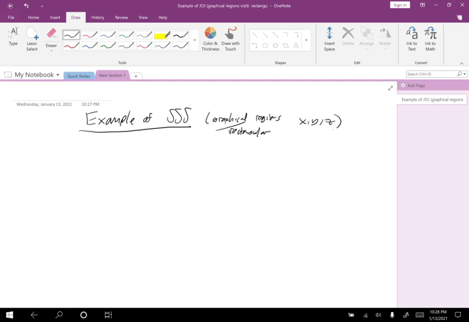So for example, the problem will be integrate x minus z, that's your f of x, y, z, over the tetrahedron spanned by, there's 4 points in a tetrahedron, right?